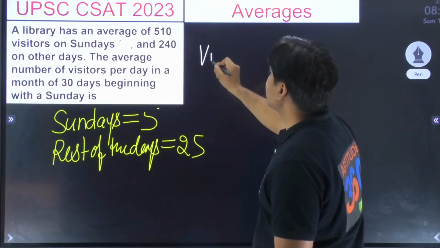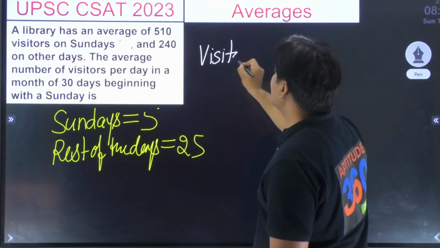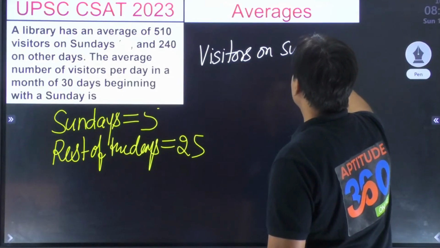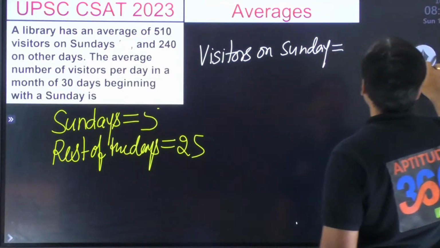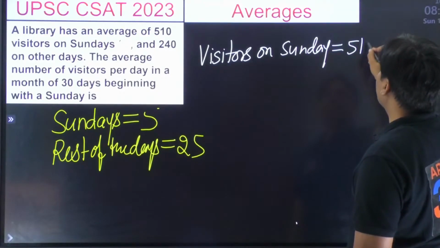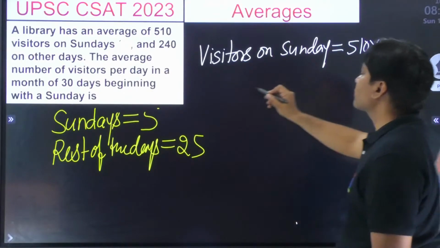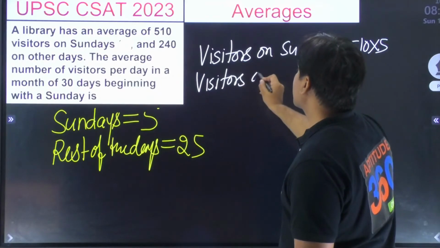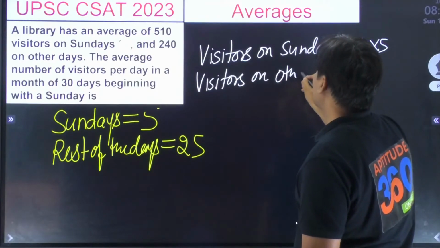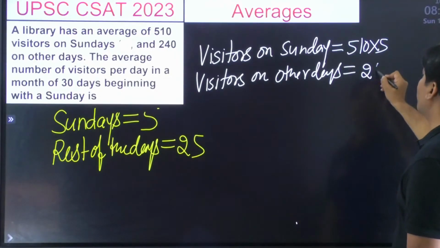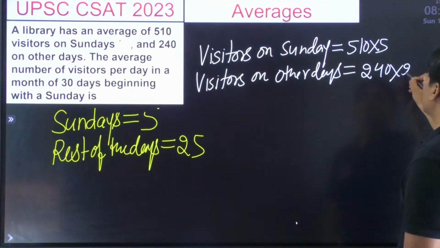So I would say that visitors on Sunday are going to be 510 into 5, and visitors on other days total is going to be 240 into 25.